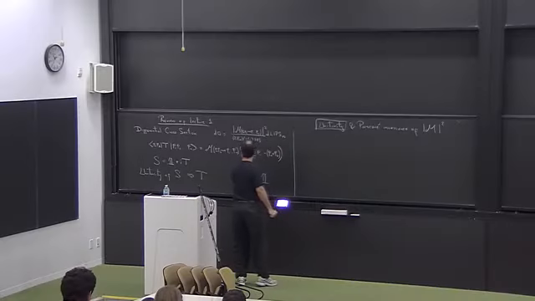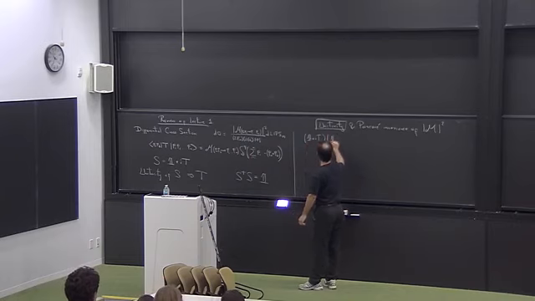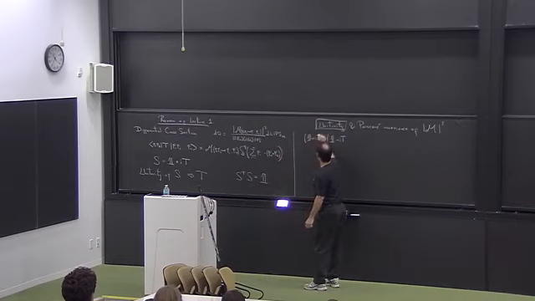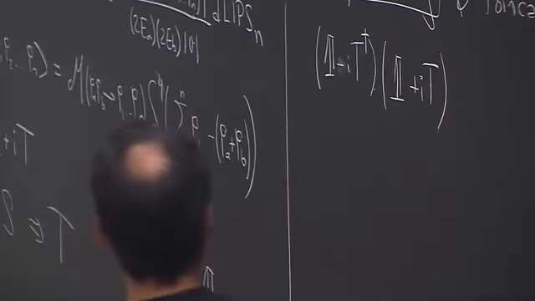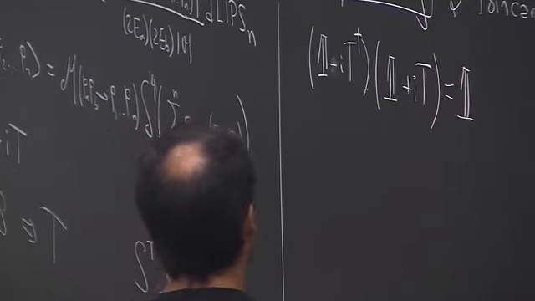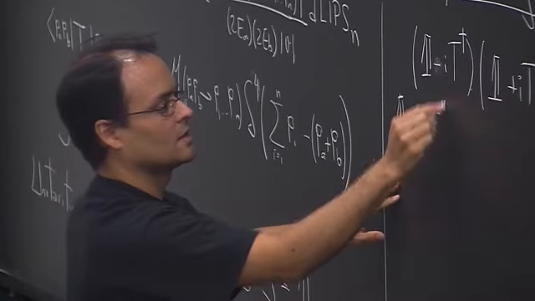So I'm sure you all worked this out, right? If we just put it in here, we get the identity plus iT is equal to the identity minus iT. Oh, sorry, I want to put the dagger here. So I'm going to compute the dagger here, and then the usual one here. This is equal to the identity. And therefore, on this side, I have the identity. This with this is this.